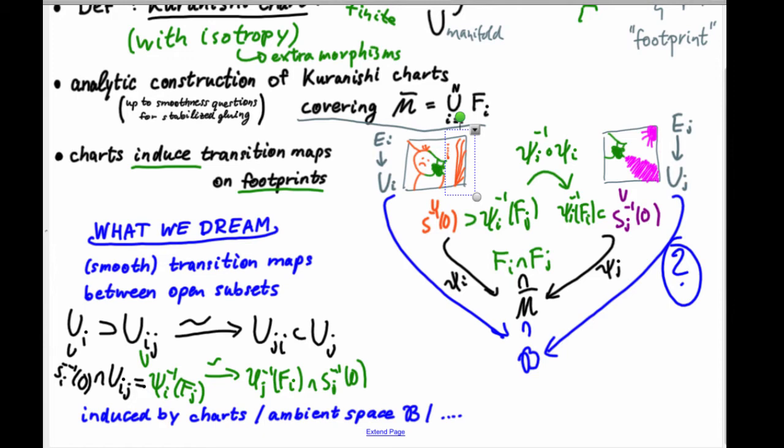So how important is it that you extend your transition maps that are defined on U and not just on footprints? Well, if you don't have transition maps on open sets, well, what happens, right? You go into this chart, you perturb your section a little bit, you get a perturbed zero set, and they have no relation to one another. It's going to sit a little bit off.